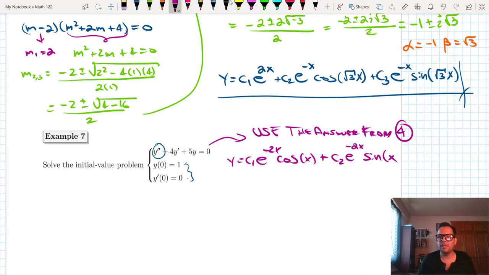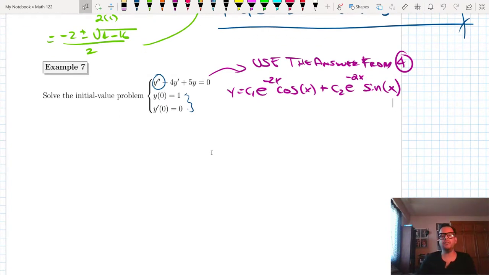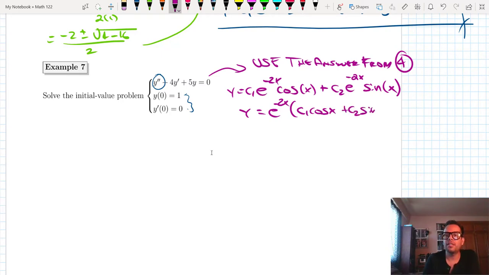Okay. Now before plugging in the initial conditions, I'm going to rewrite this equation. I'm going to factor the exponential factor to simplify the calculation. So this will be y equals e to the negative 2x times c1 cosine of x plus c2 sine of x. Okay.